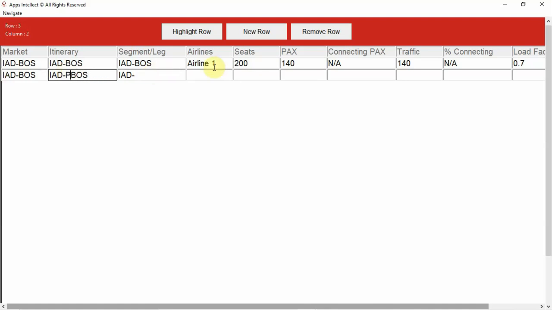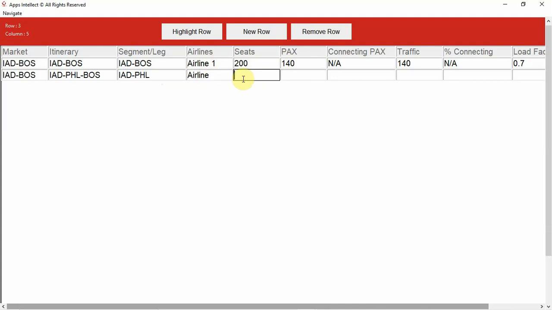So this network would be from Washington to Philadelphia, and Philadelphia to Boston. The first leg, the first segment, will fly from Washington to Philadelphia. This is airline 1.